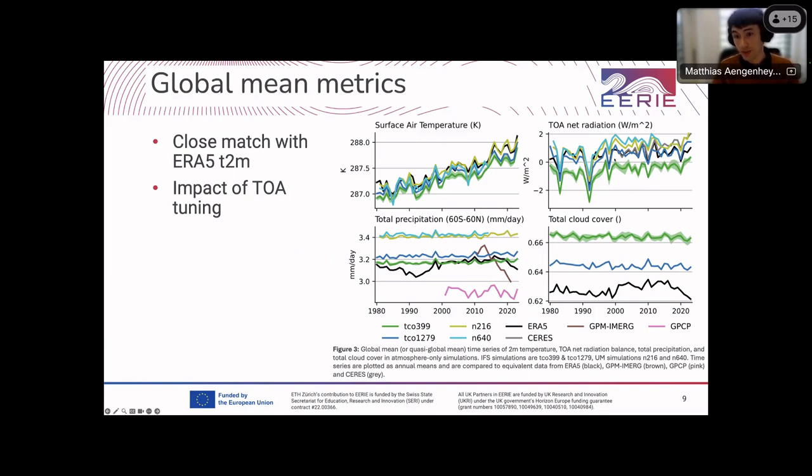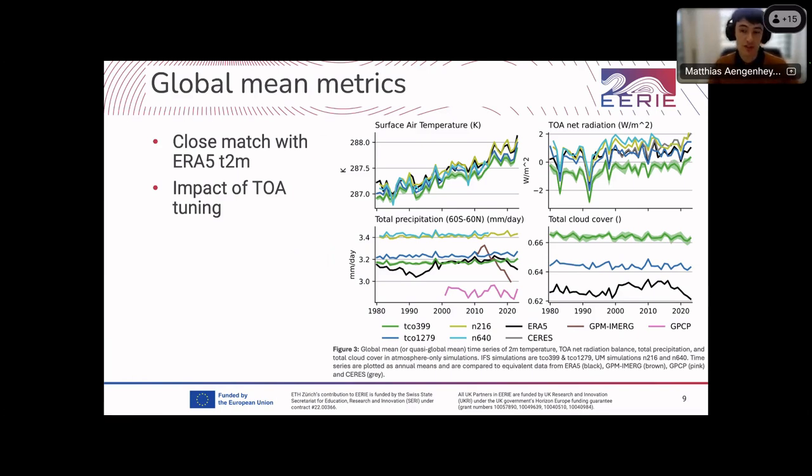In terms of top of atmosphere radiation, CERES is often the gold standard to compare to. So this is the gray line, and the IFS has been tuned in the configuration we use to reproduce this. So as expected, we get quite a close agreement between the blue and the gray line, so between our high resolution simulation and CERES.